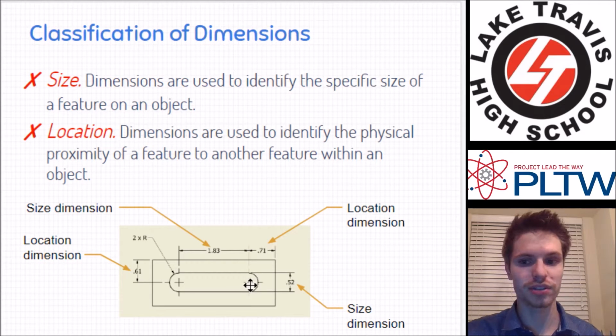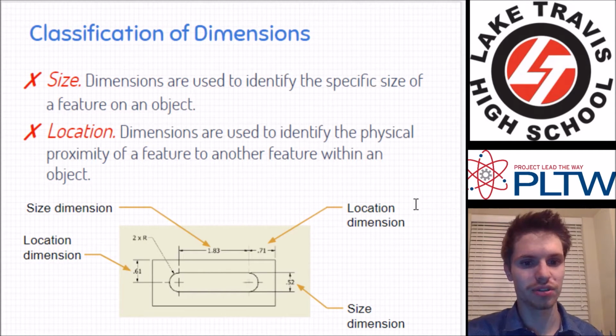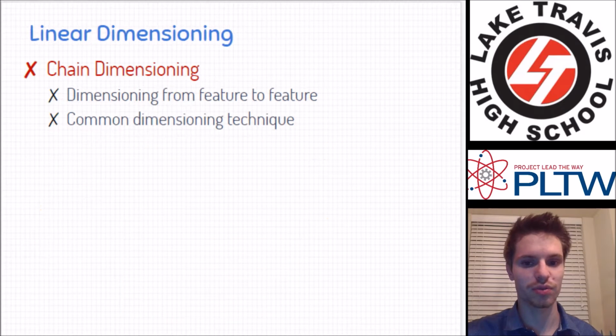Remember, you want to dimension a circle or a curve from its center. You want to tell me how far over the center is and how far up and down the center is. So you need location dimensions as well as the size dimension of the circle itself. Like this right here, this is the radius, and so that would be a size dimension as well.